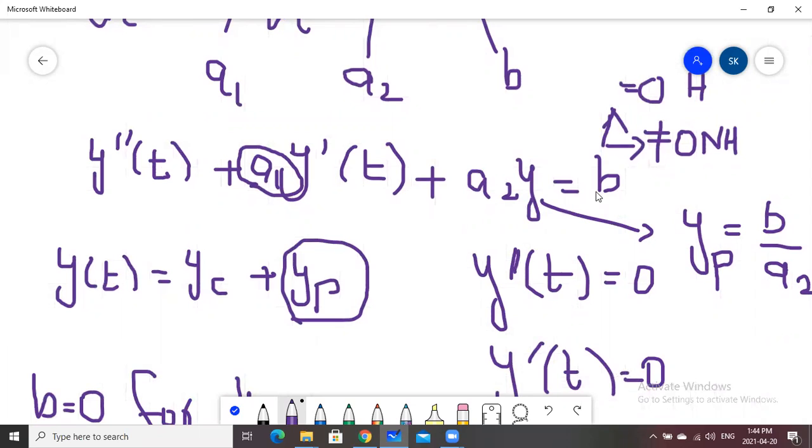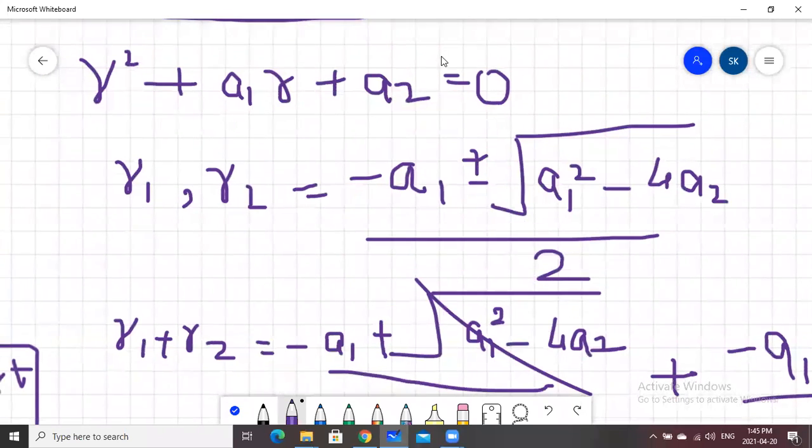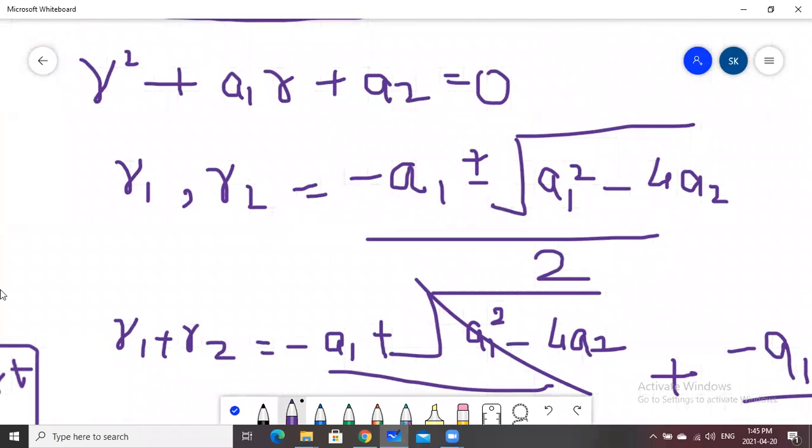Yp is equal to b over a2, and yc we start from the reduced solution of y, which was equal to A e raised to power rt. We take its first order derivative, then second order derivative, substitute the values into it, and we can also find out the values of a1 and a2 through the roots which I have solved for you over here, that is r1 plus r2 and r1 multiplied by r2.